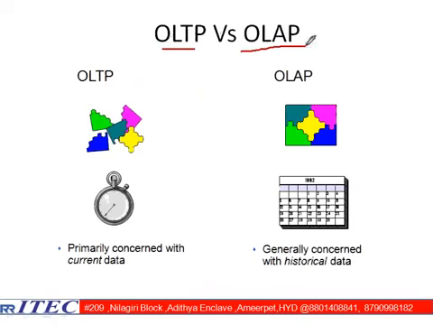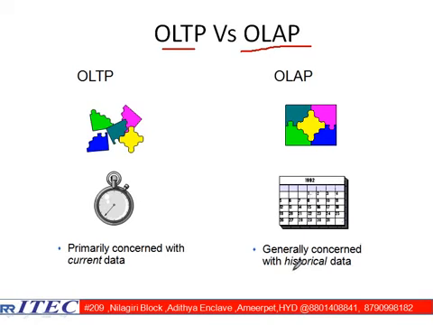Something symbolically I am trying to provide here. What is OLTP and what is OLAP? OLTP is like our watch. We can see immediately what the time is now. But if I want to know, let us say, what day February 15th was, whether it was a Monday, Tuesday or Wednesday, or whether it was a working day, if you want to know something extra, you need to go for a calendar.